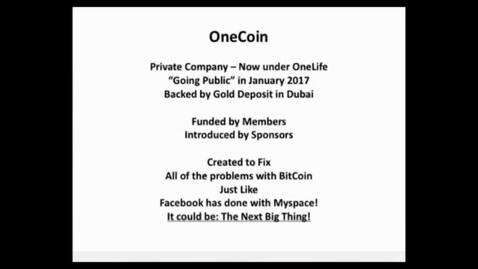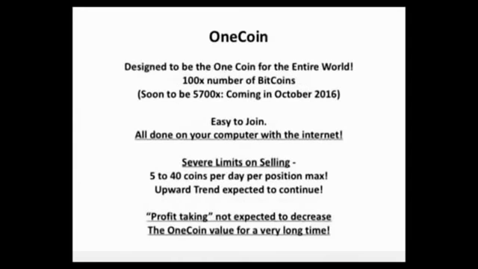The next slide. OneCoin is designed to be the whole world's cryptocurrency. In October, it's supposed to expand by 57 times, so it'll be 5,700 more than Bitcoin, the largest amount in the world. And it's easy to join. It's all done with your own computer on the internet.